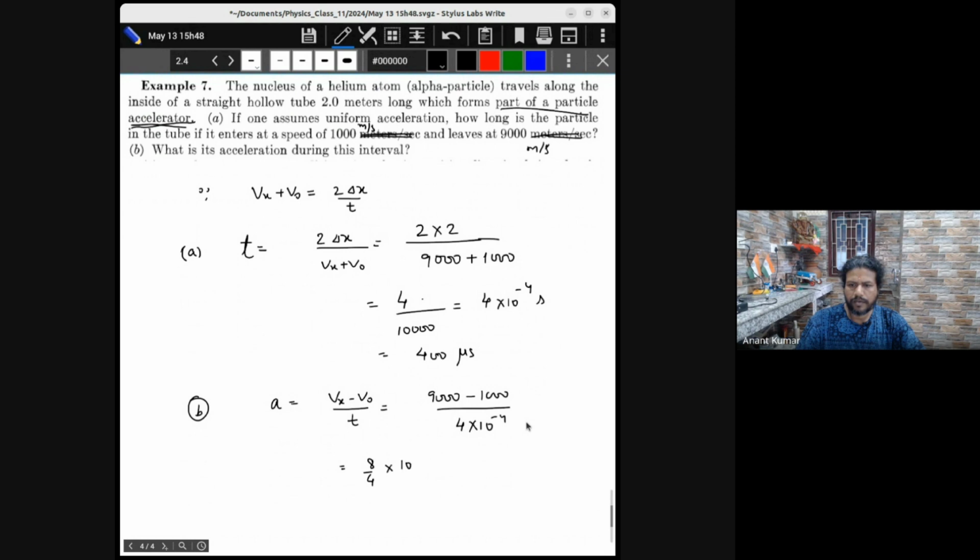The numerator is 10 power 3 by 10 power minus 4, giving us 2 into 10 power 7 meter per second square. This is therefore the acceleration of the alpha particle, assuming a uniform acceleration.